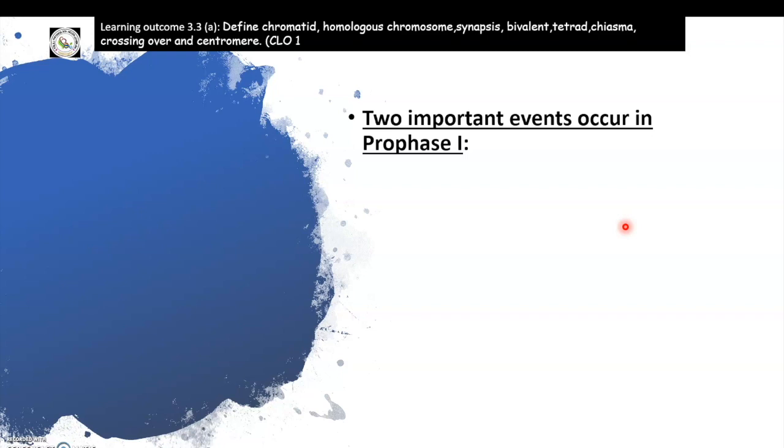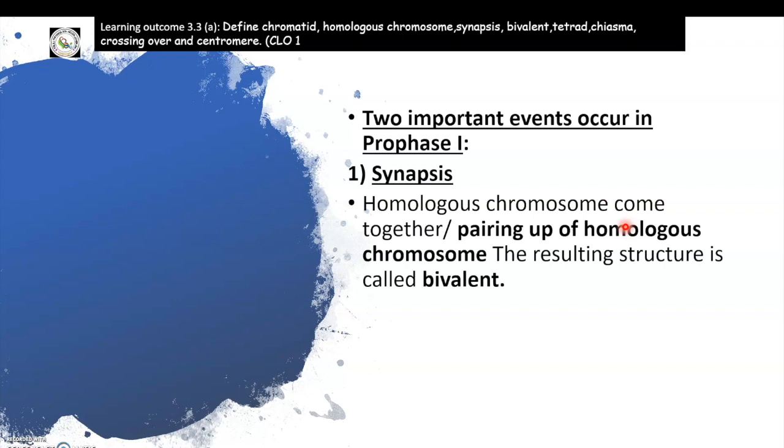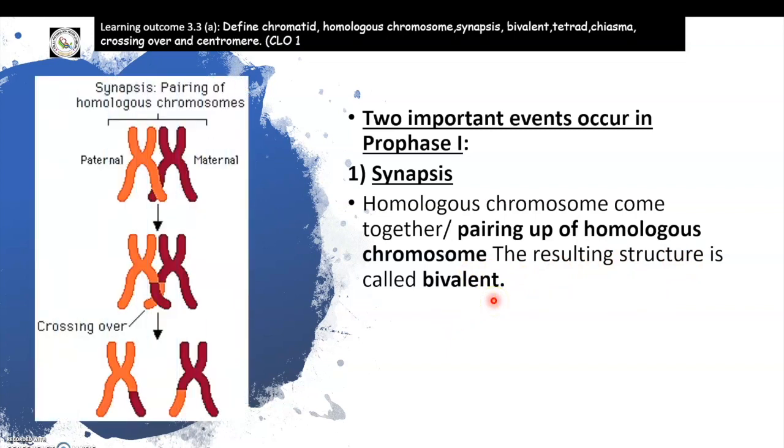We have 2 important events that occur in prophase 1. The first is synapsis. Homologous chromosomes come together, or pair up. The result we refer to as a bivalent. So synapsis means the pairing up of the homologous chromosomes.